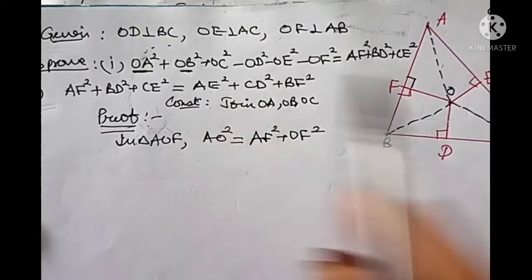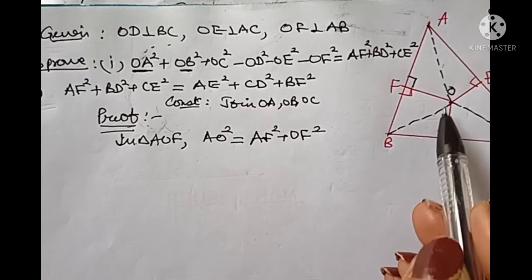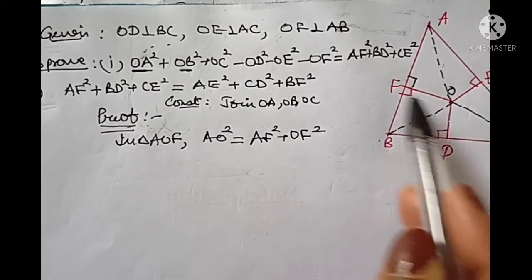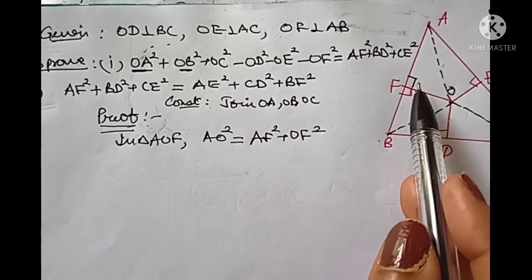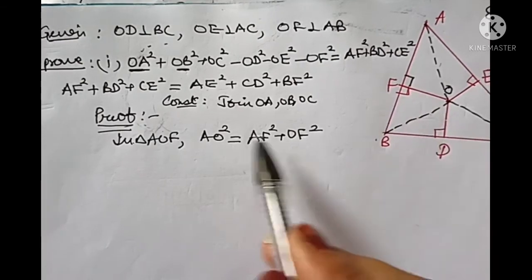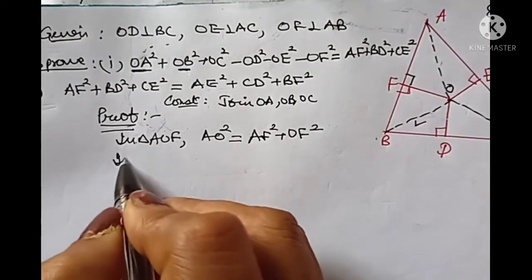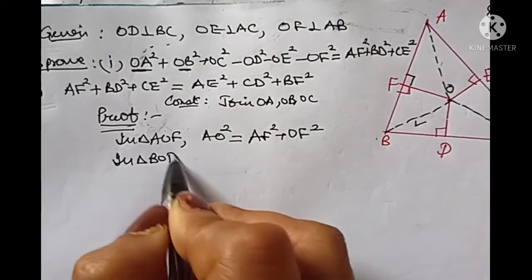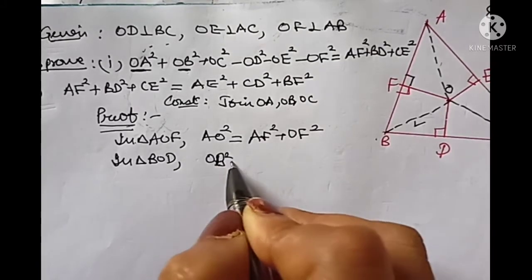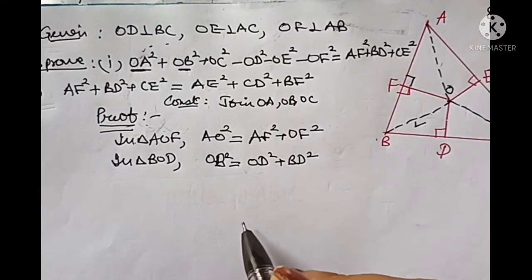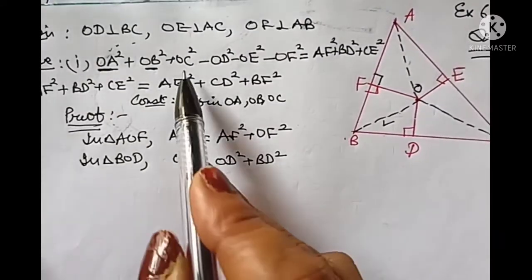Similarly, I want OB square. Now for OB I can consider triangle OBF or OBD, but OF of triangle OBF has already been covered in the triangle AOF, like in this statement. So I will take up this triangle, right? So in triangle BOD, OB square is equal to OD square plus BD square. Now third thing I need is OC.